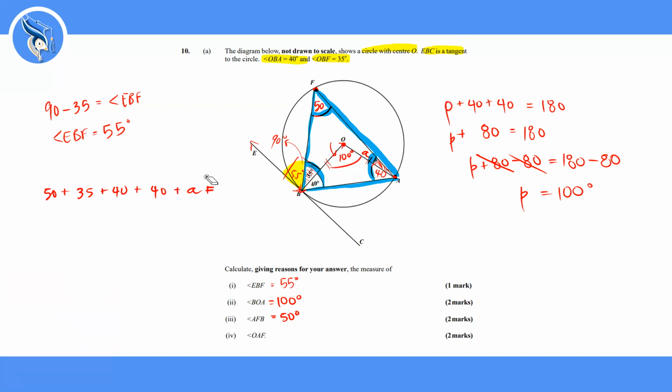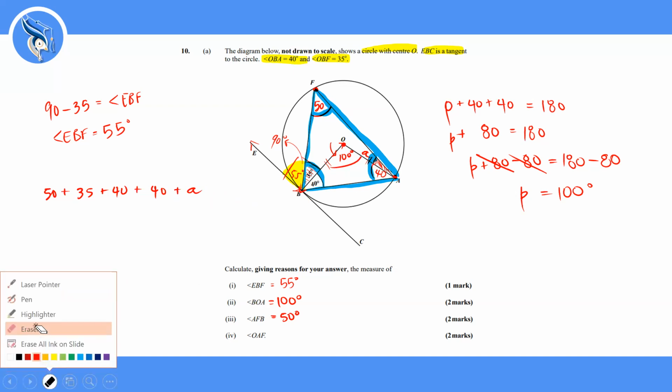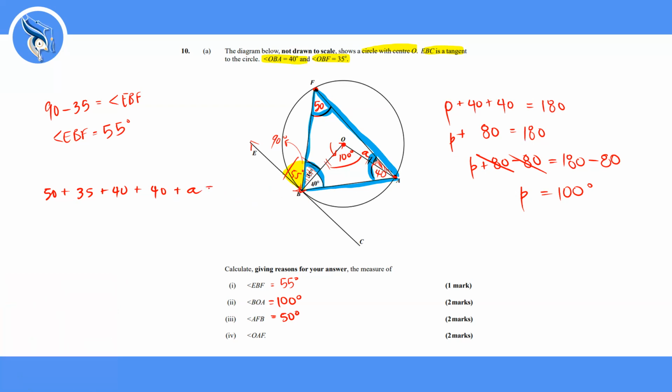That wasn't an equal sign at all. Should be equal to 180 degrees. So go ahead, add it up. 50 plus 35 plus 40 plus 40 again. That's 165 plus A is equal to 180, right?